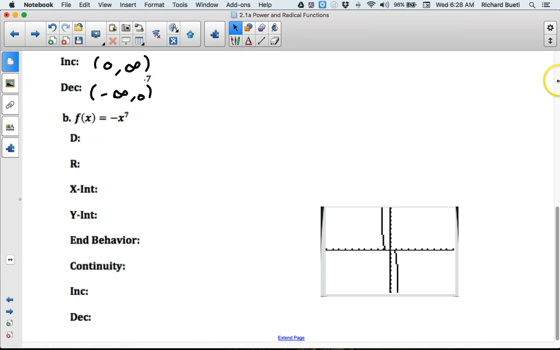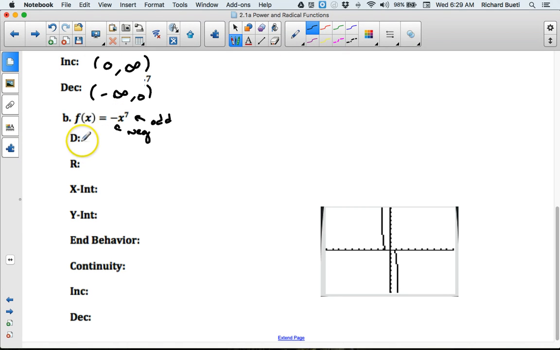It's not a great picture, but we can get pretty much all of the information we need out of it. Since a is negative and the exponent is odd, we can determine the domain, the range, and use all of the things that we got before.